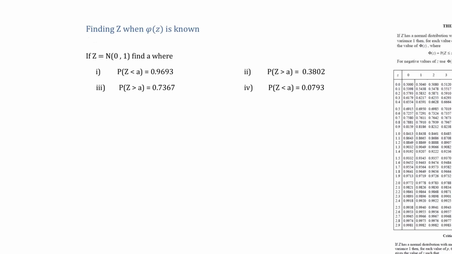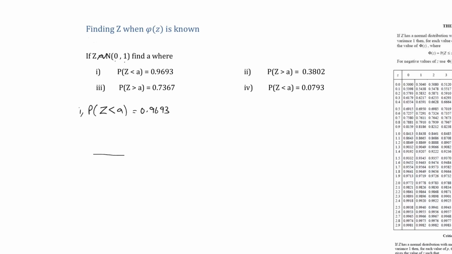Okay, so you could also be asked to find z when the probability is given. So for example, in this question, z follows a normal distribution with mean 0 and variance 1. You want to find a where the probability of z less than a is 0.9693.